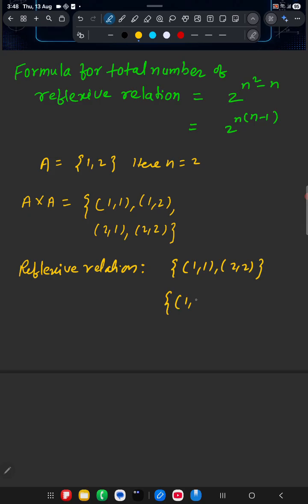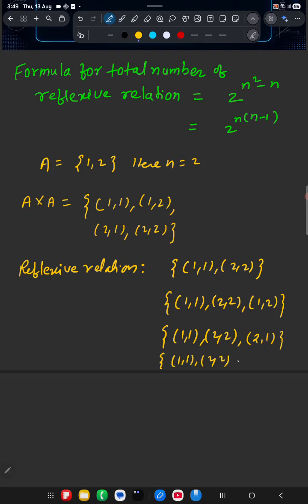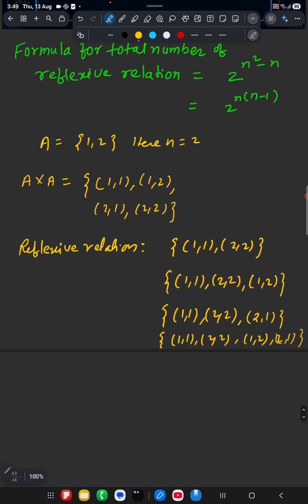Another possibility is 1 1 and 2 2 must be there, and one extra member 1 2 comes over here. Another is 1 1 and 2 2 with 2 1. And one more possibility is 1 1, 2 2, and 1 2 and 2 1. Do you agree? So altogether, how many reflexive relations are there? 4.